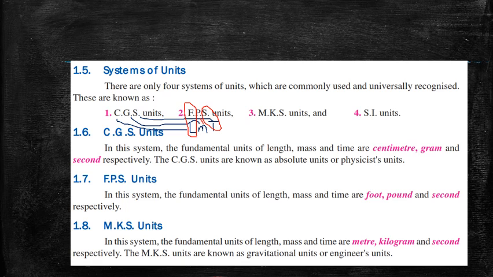In the MKS, length by meter, mass by kilogram, time by second. In the International System of Units, of course it's meter, kilogram, and second.